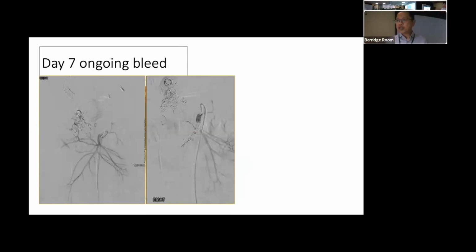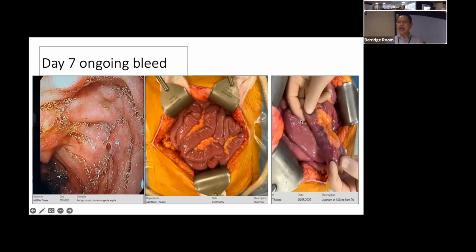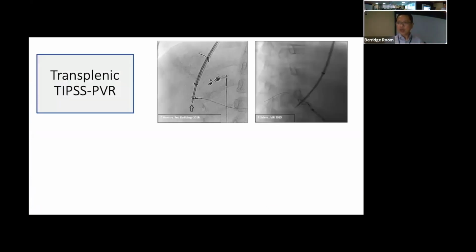And this is partially embolized, and remarkably at laparotomy, only a short segment of the bowel was ischemic, and the rest was actually viable, despite the partial embolization. So he had a protracted course during his admission, but managed to be discharged sometime after. So a very complicated case as well.